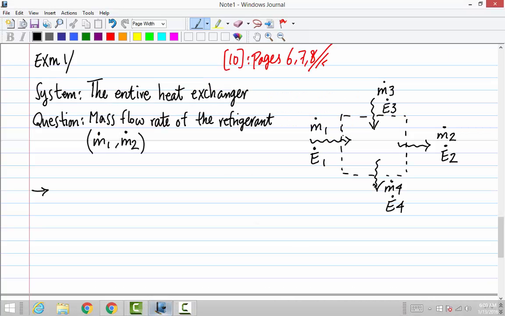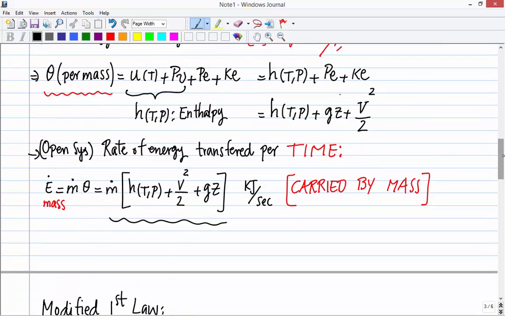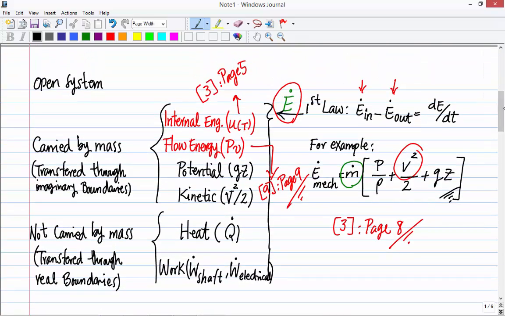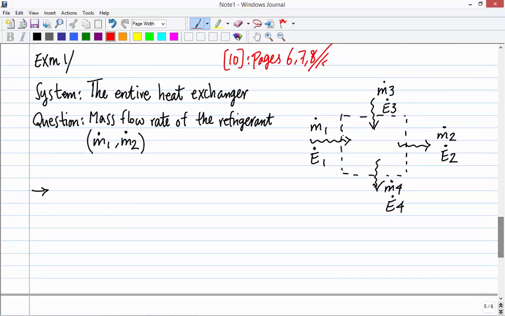When we say there is no heat exchange or heat transfer, we defined heat and work and other types of energies. And then we said here transferred through imaginary what? Boundaries. Here, real boundaries. So when you talk about work or heat, they should be external, not internal.